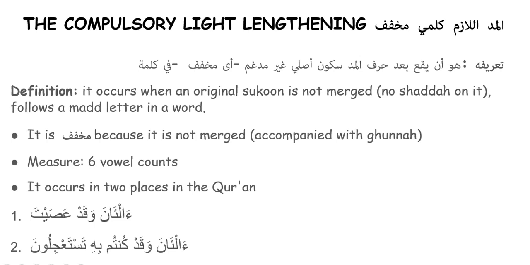You can see here that the lam has sukun, and that is the original sukun we are talking about, which comes after the mad letter, and the mad letter comes after the hamza, and the next letter that comes after the lam is not identical with lam. It is a different letter.